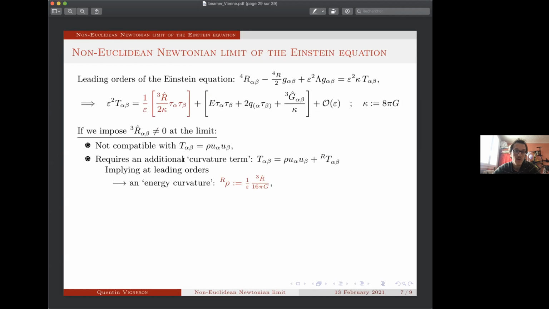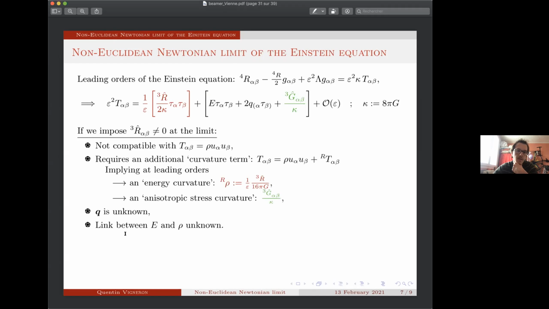These leading order terms can be interpreted, for the first one, as an energy curvature proportional to the space curvature, and an anisotropic stress curvature for the second one, which is proportional to the Einstein tensor of the spatial curvature. But if we want non-Euclidean topologies with this limit, we need to add a term.